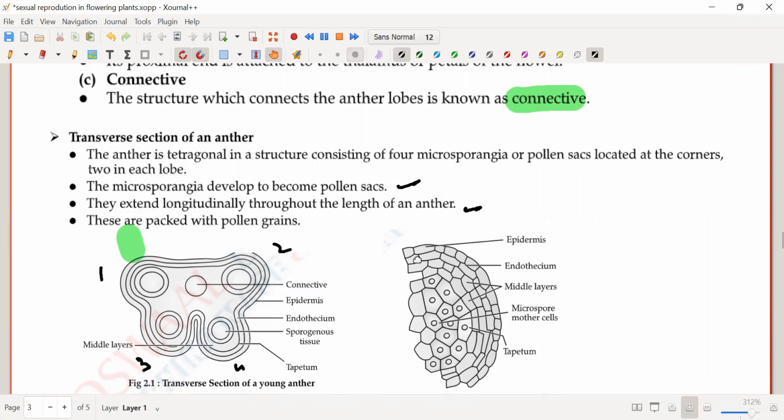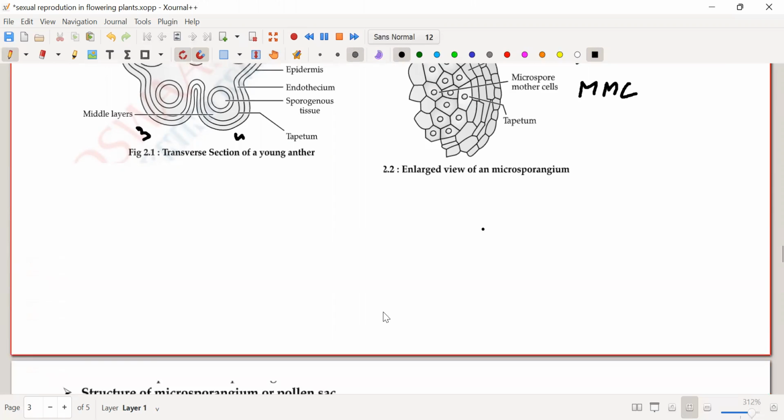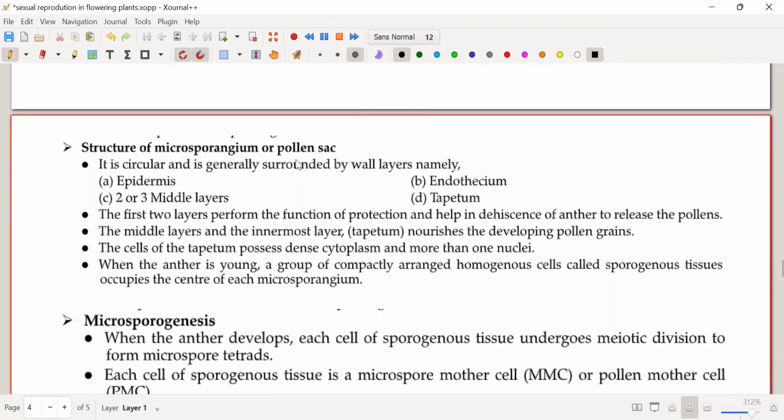So when we enlarge this, this is how it looks. Epidermis, next one will be endothecium, then middle layers, then tapetum, then the microspore mother cell, MMC, which produces the pollen grains. Okay, what is the structure of the microsporangium?